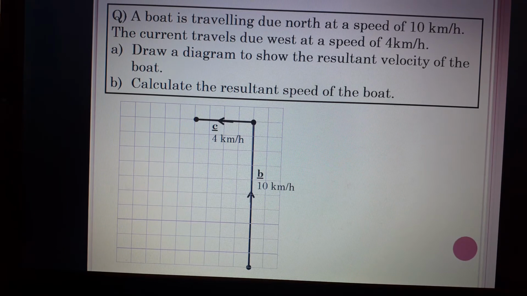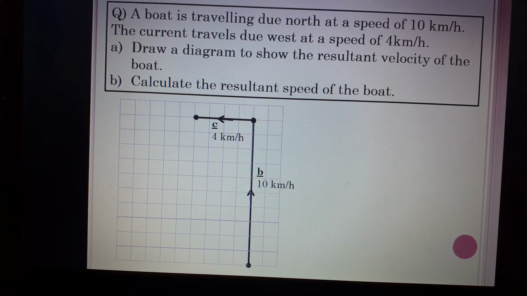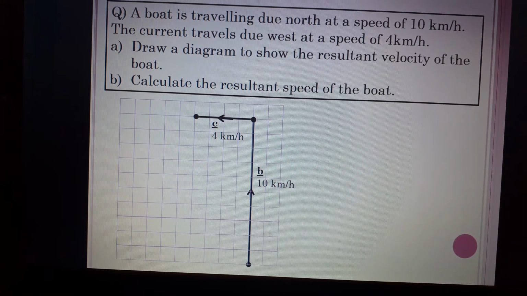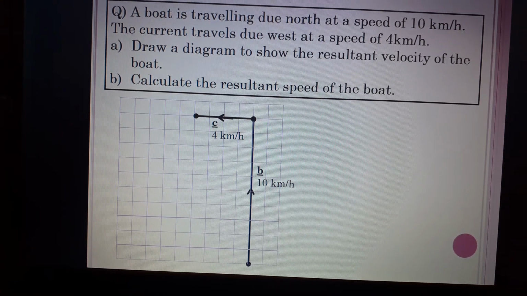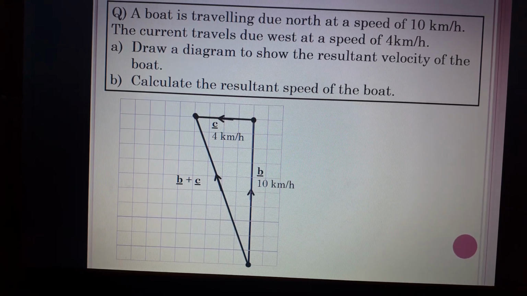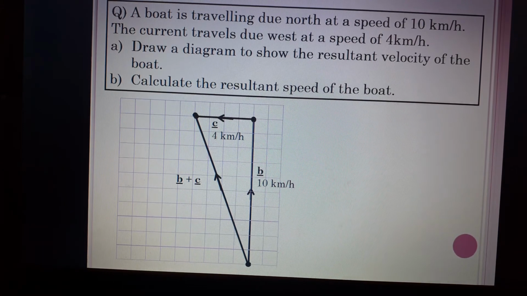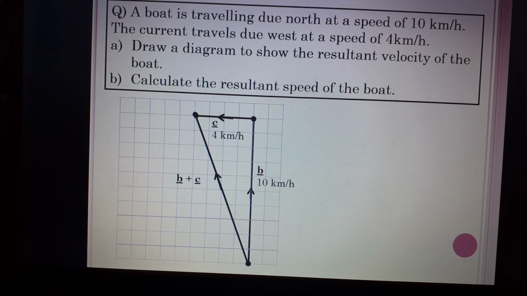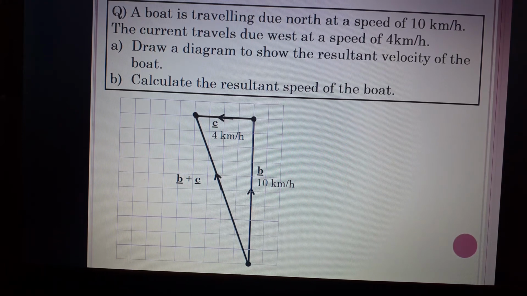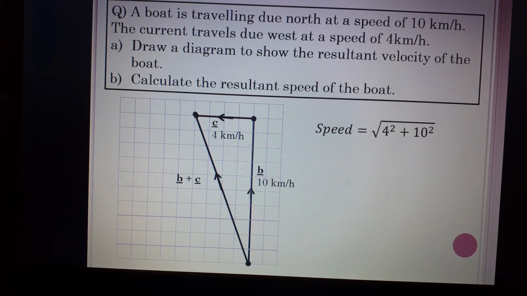So those are the two components there, and when they go together, what we have now is the journey that the actual boat will be taking when you take into account the current. That's the resultant velocity. That's the journey that you would actually be taking on that boat, given that the current is travelling due west.